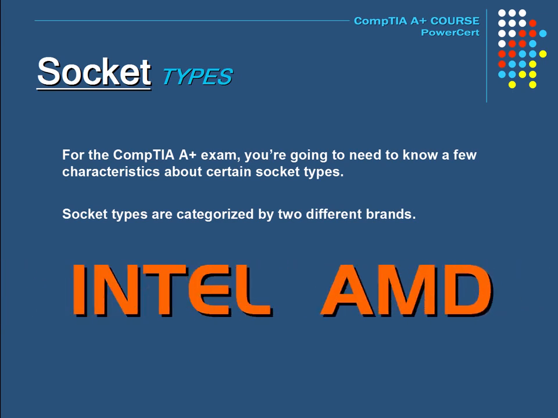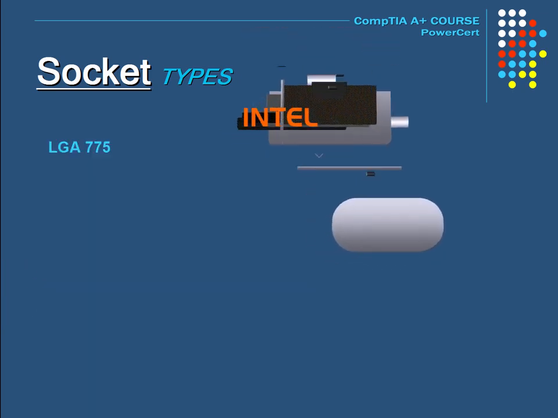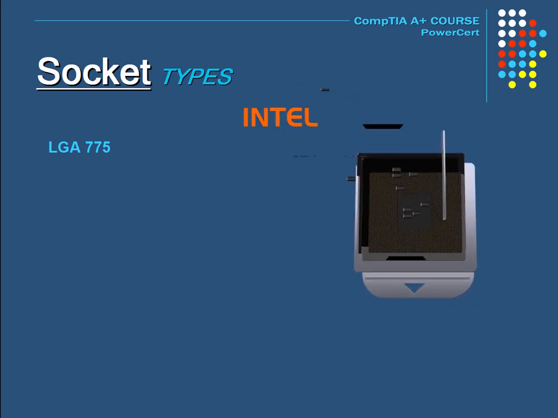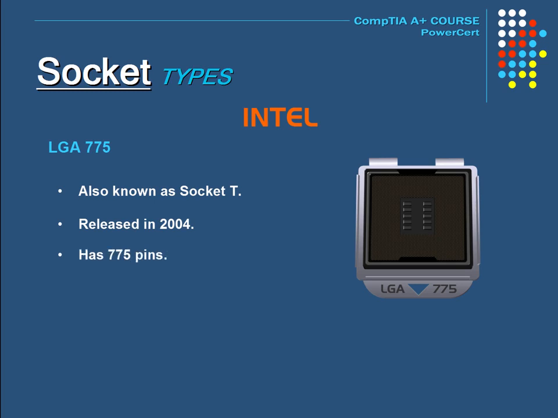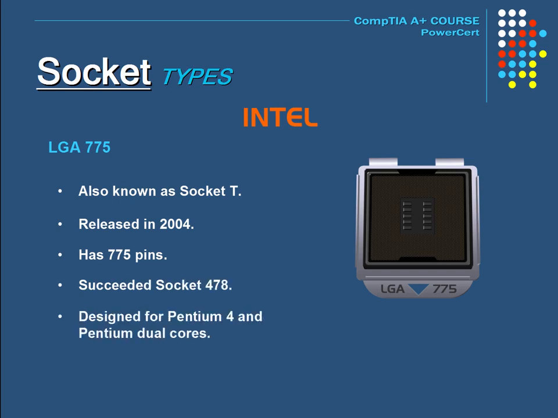Starting with the Intel sockets, which use the LGA package, the first one that we're going to talk about is the LGA 775 socket, which is also known as socket T. It was released in 2004, and it has 775 pins, as its name states. The LGA 775 was the successor to the socket 478, and it was designed for the Pentium 4 and Pentium dual-core processors.